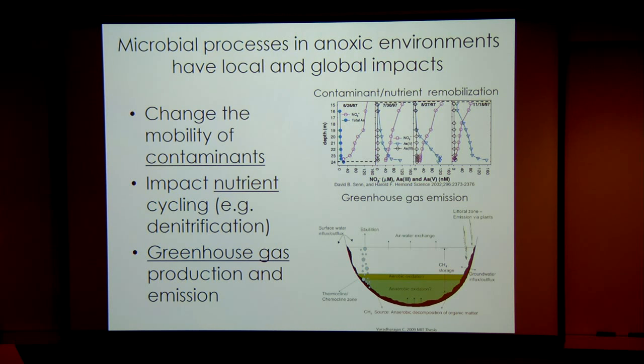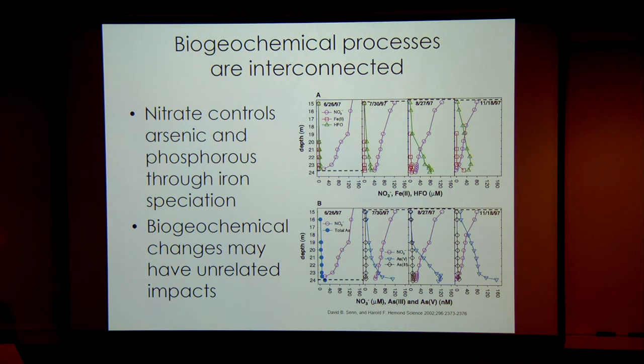Another very important aspect of this is that all of these biogeochemical processes are very interconnected. And so changing one cycle, like the nitrogen cycle, can impact other cycles, like the carbon cycle or cycling of phosphorus as well. In the particular example of this lake that I'll be talking about, as I said, there's a lot of arsenic at the bottom of this lake.